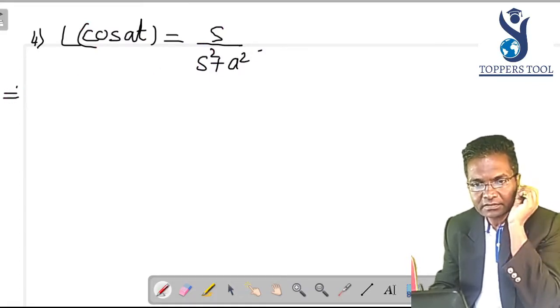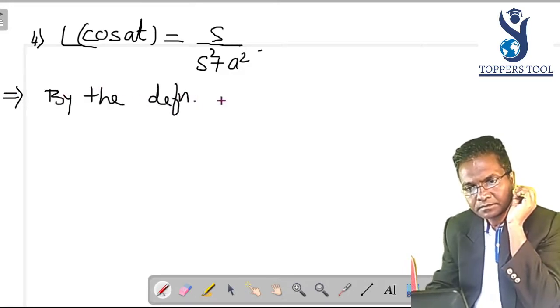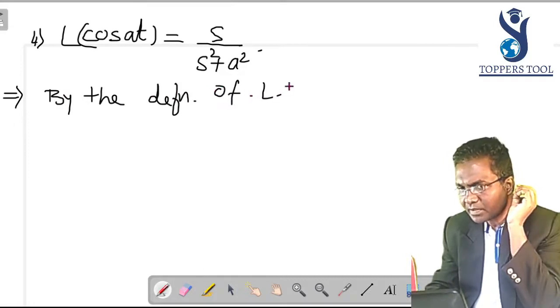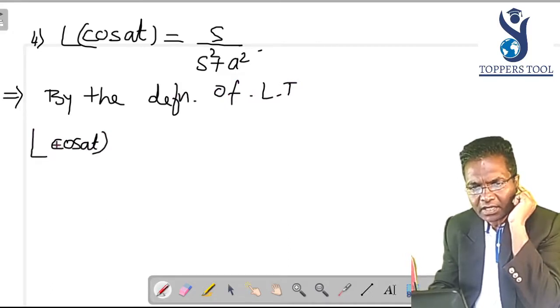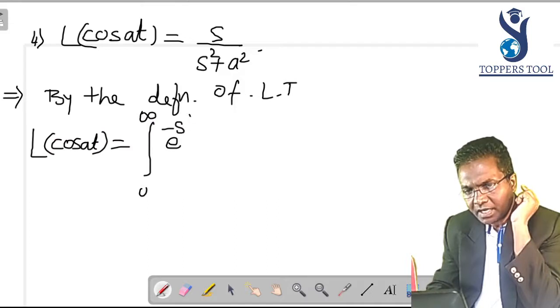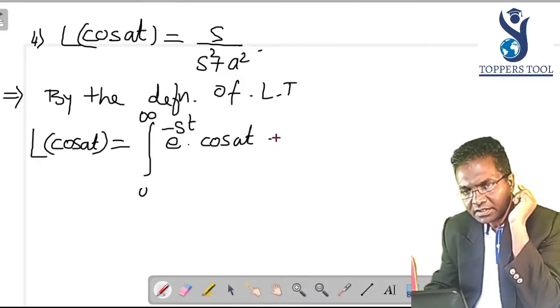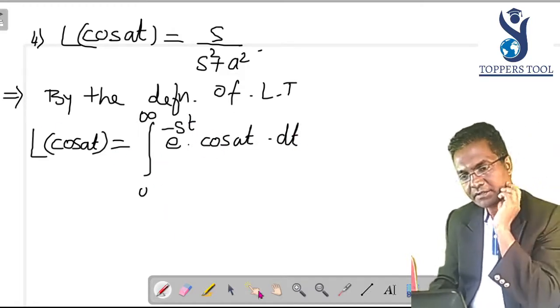Okay, so by the definition of Laplace transform, Laplace transform of cos at, how will you write? It is the integral from 0 to infinity of e power minus st into cos at. Instead of f of t, you have to write cos at.